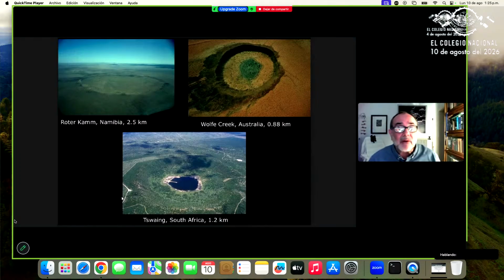The one on the bottom is particularly interesting because it has the same diameter as Meteor Crater that we just saw in the previous image. But if you look, it is not as obvious. The crater rim is not as sharp. The crater is not as deep. Also, rocks on the surface didn't show any evidence that it was formed by impact. No meteorites were found there at the surface. So what's the difference here? That crater in Arizona is about 50,000 years old.